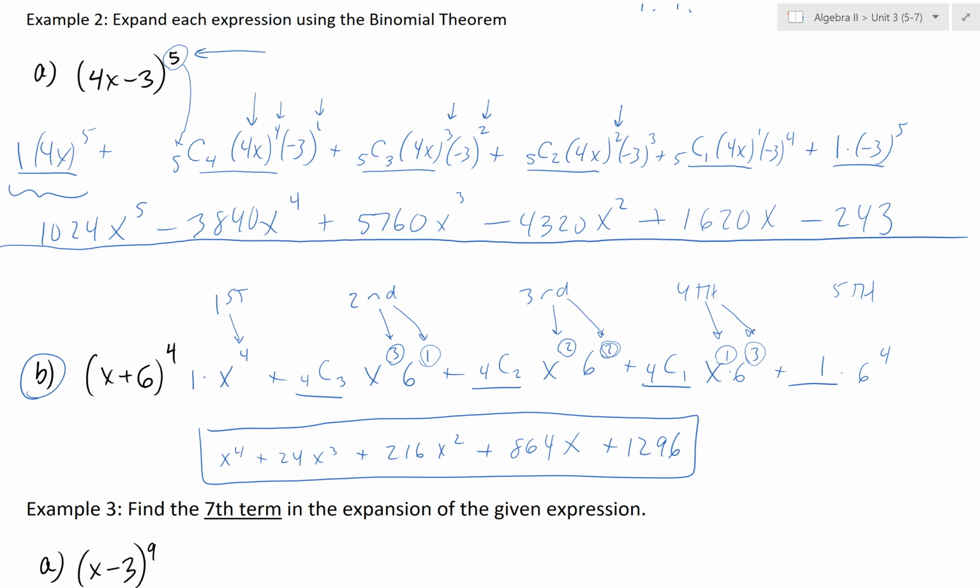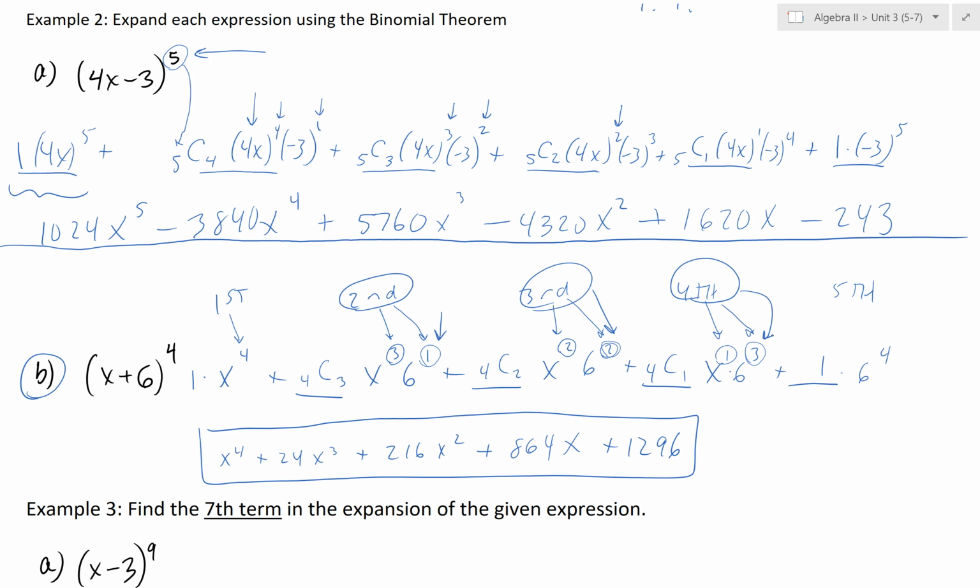What do you see, Lucas? Say it again. The term number minus 1 gives us which one? Gives us the second one, right? So when we're looking at the second term, this number is 1 less than that. The third term, this number is 1 less than that. The fourth term, this number is 1 less than that.